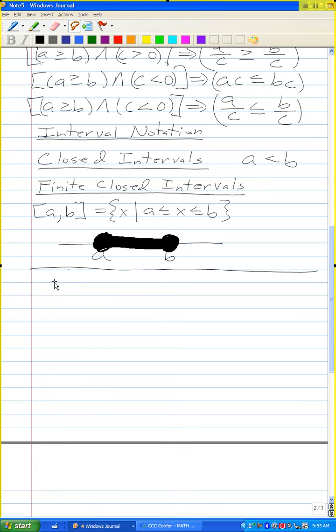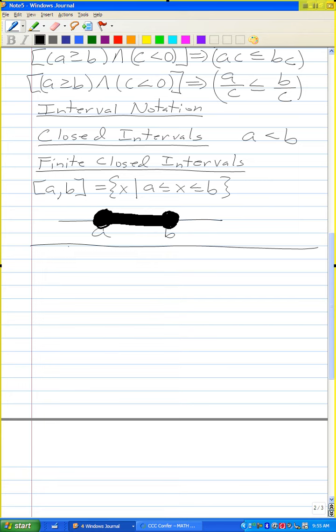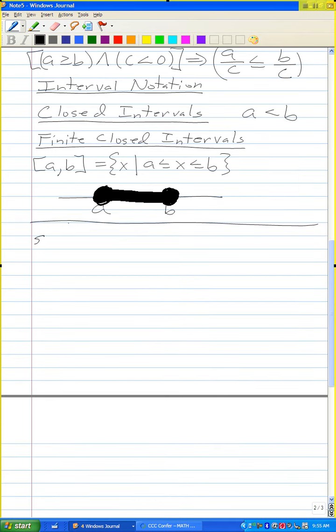Okay, good. So let's just have the singleton A. So that consists of just the value A. So this is just the single value A.